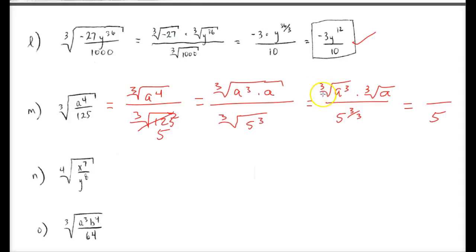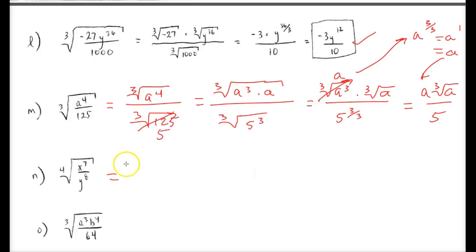And for cube root of a cubed, we know this is just a. So we just have a times cube root of a, all that divided by 5. Of course, here I could have taken cube root of a cubed and rewritten it like this, which would have given me a to the 1, which would have given me a. That's why I had that bit.